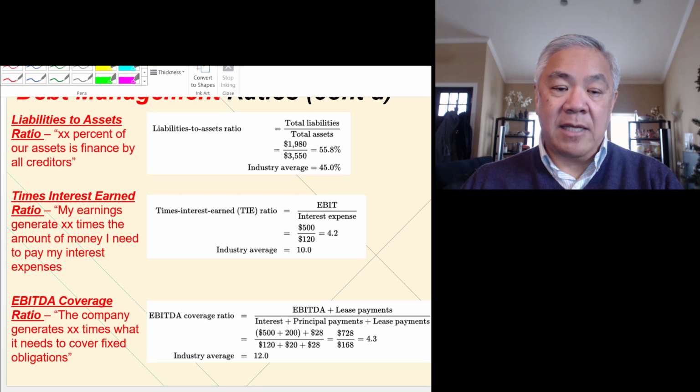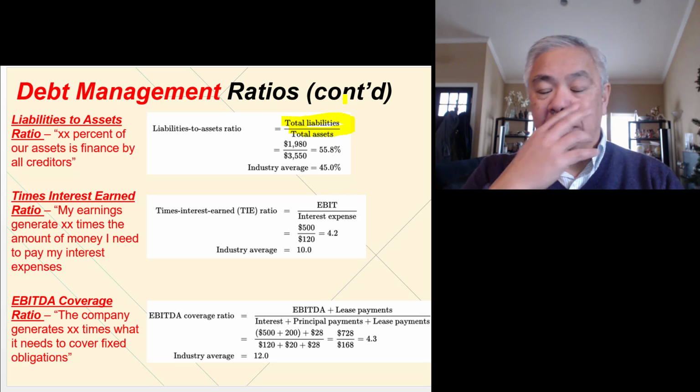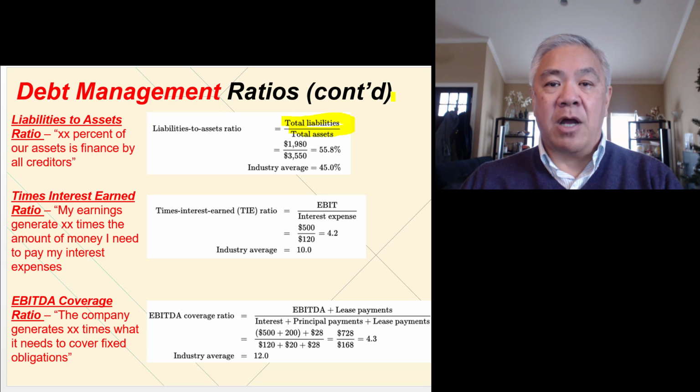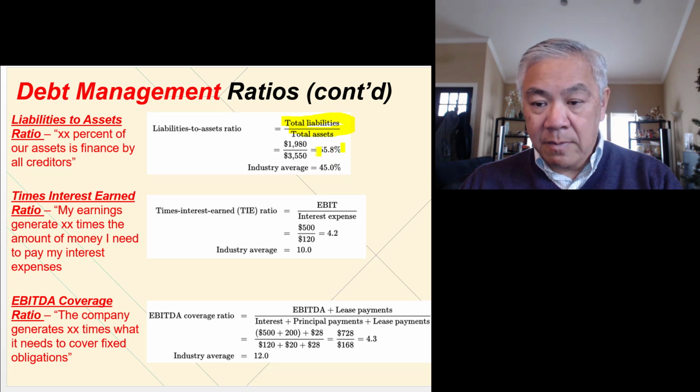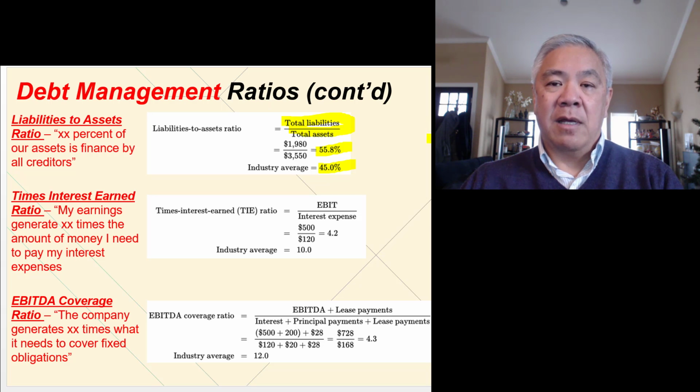Again, similar in many ways, except here we're comparing total liabilities to total assets, and includes not only the debt, but also current liabilities, vendor liabilities, etc. So it's a more sweeping view of liabilities, not just debt providers. Here, we're at 55% for MicroDrive versus 45%. So surprise, surprise, once again, MicroDrive has more debt and therefore would appear to be riskier.